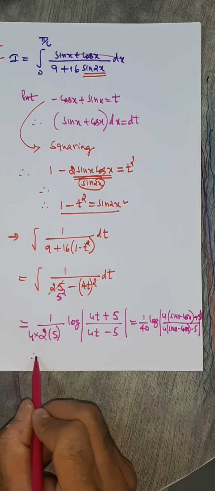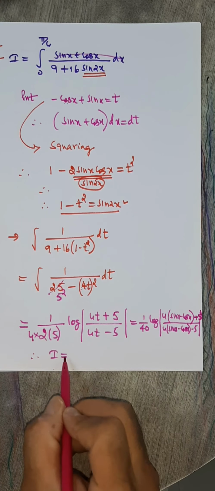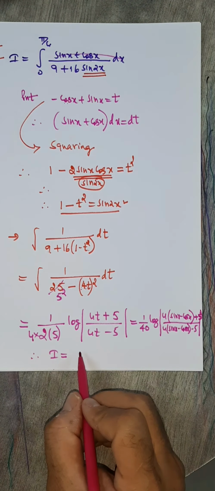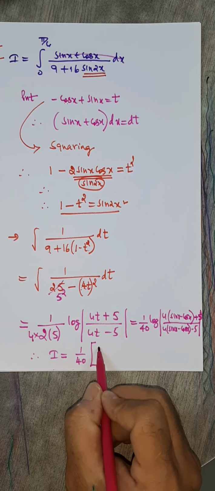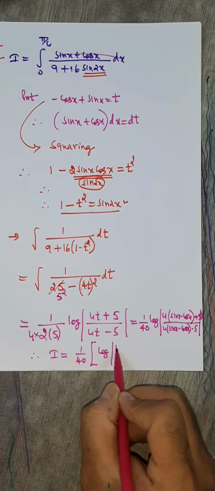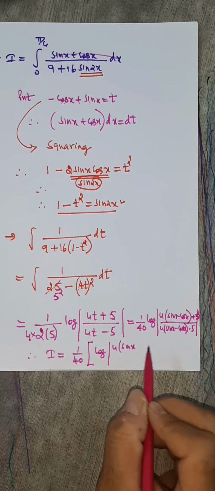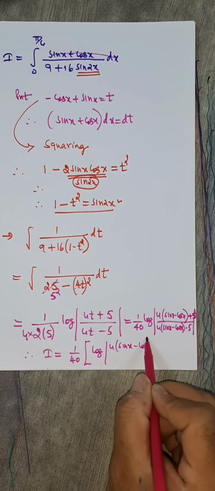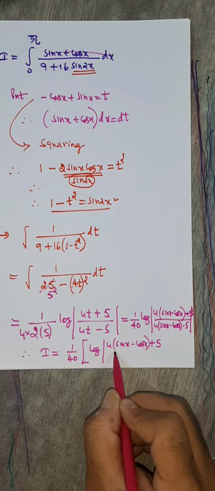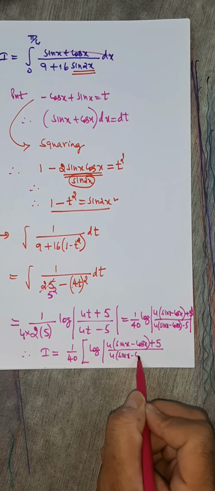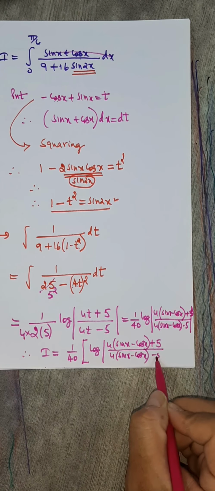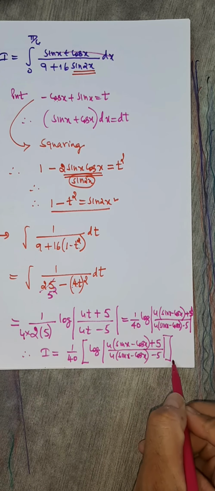And therefore finally the limits are from this to this. So 1 upon 40 as it is, log of mod of 4 times sin x minus cos x plus 5 upon 4 times sin x minus cos x minus 5, and the limits are from where to where?